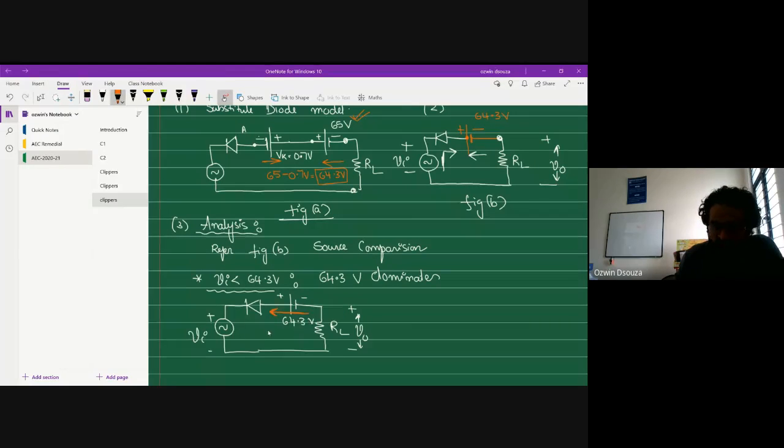In that process, will it forward bias the diode or reverse bias the diode? It will forward bias the diode, right? Because the positive terminal of the battery is connected to the anode terminal of the diode. Hence, this diode D gets forward biased. Once the diode gets forward biased, you can substitute it with the short circuit equivalent.